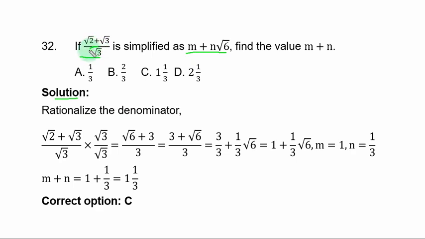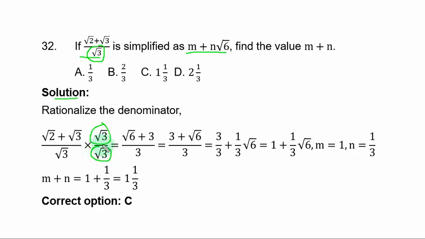Since we have a single irrational number in the denominator, you use it to multiply both numerator and denominator. The irrational number is root 3. So you multiply the numerator by root 3 and the denominator by root 3 as well.